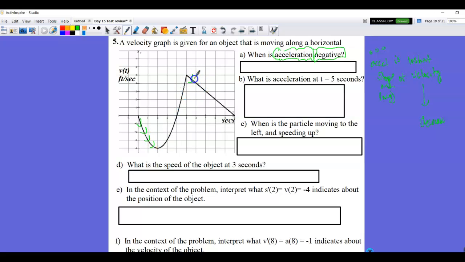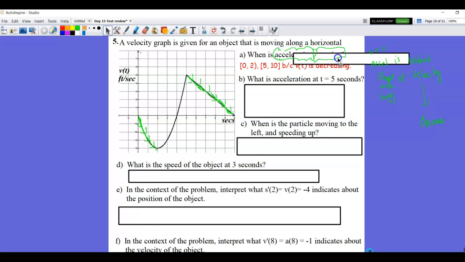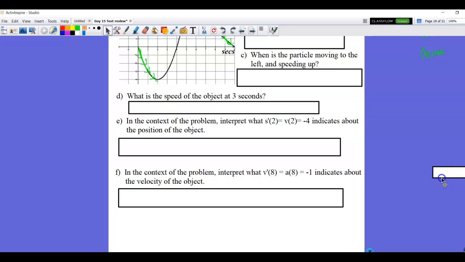On these two intervals here and here, the velocity graph decreases, therefore the slopes of the tangent lines are negative. So we're going to say acceleration is negative on the interval from 0 to 2.